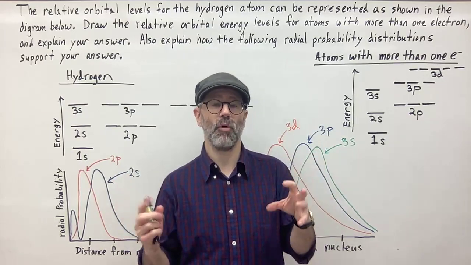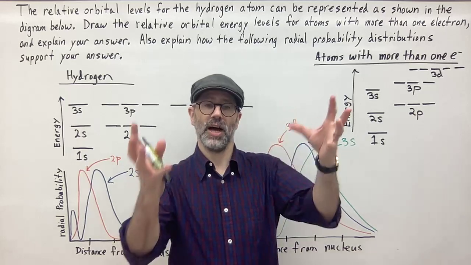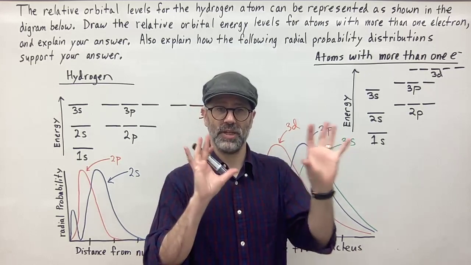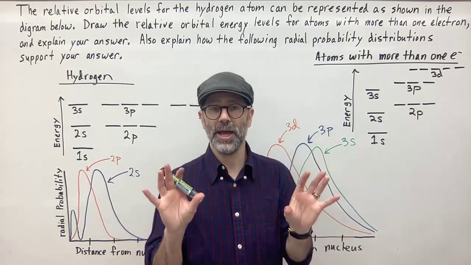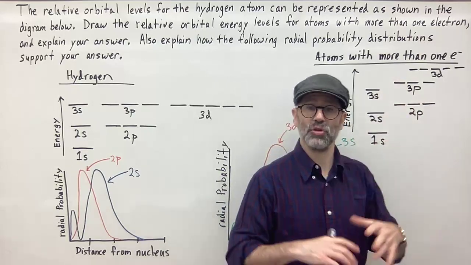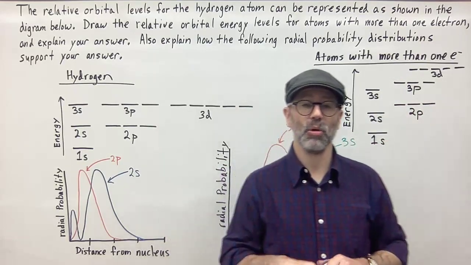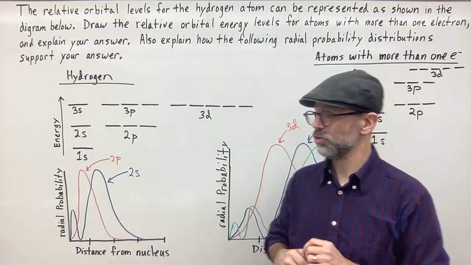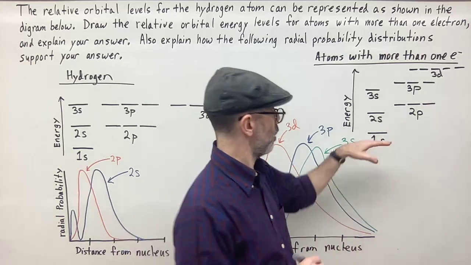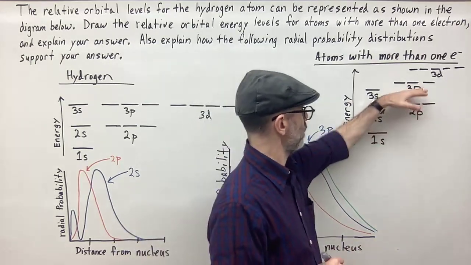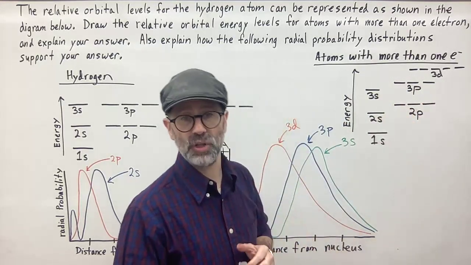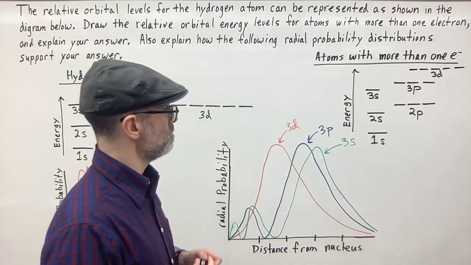You have the attractive force of the nucleus attracting the electrons to it, but you also have the repelling forces of the electrons pushing each other away. And so that's going to cause the energy levels to no longer be at the same level, right? So this would be the expected energy level of the orbitals and the sublevels when you have more than one electron. Okay.